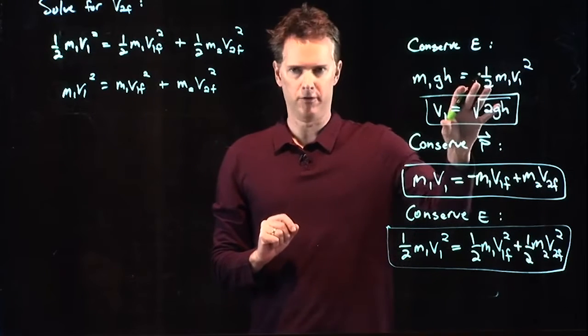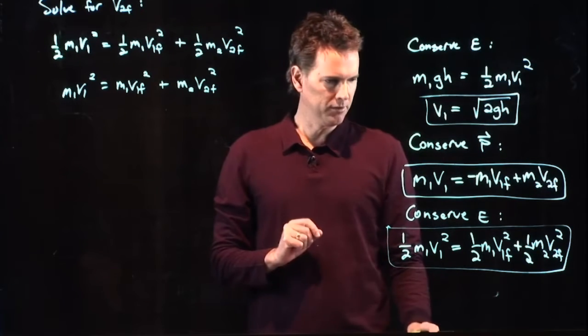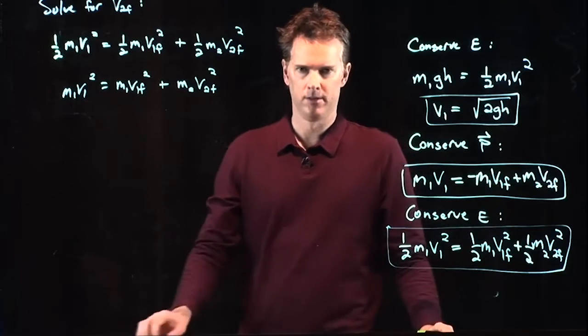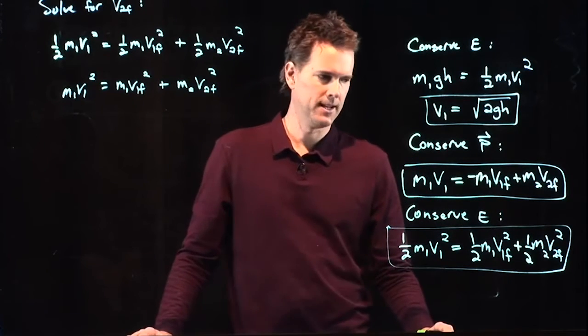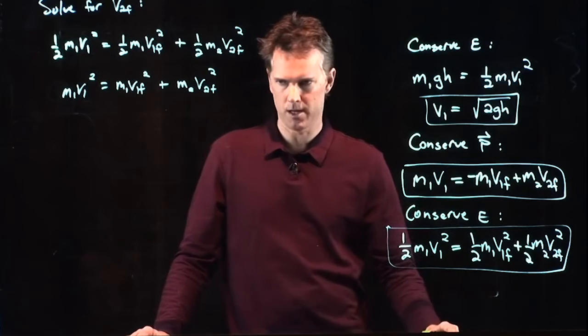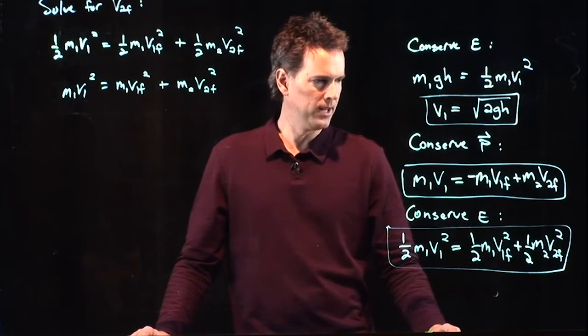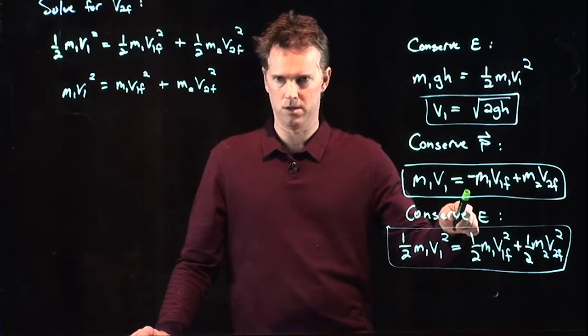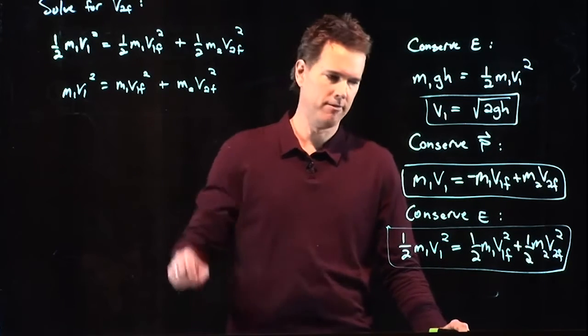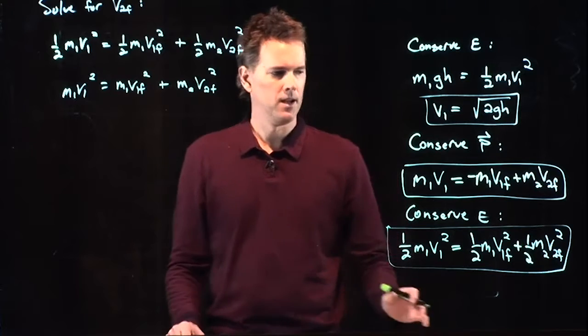I can do that from our first equation, but I also need to get v1f from this equation. Okay, and so there's a little bit of a complicated series here that we need to go through. But let's take this second equation and plug in for v1f. All right? How do we do that?